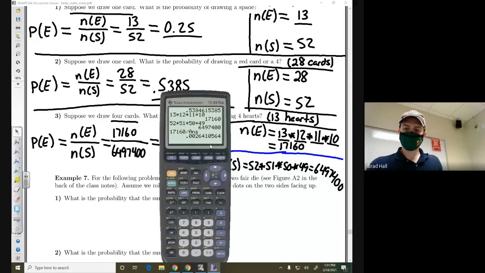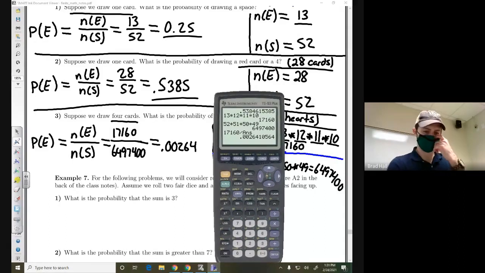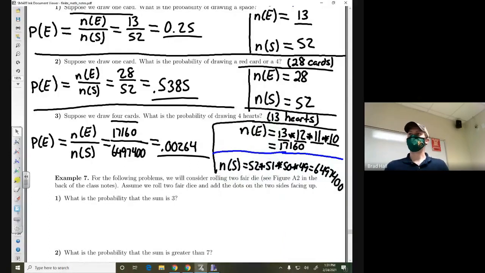And so we get 0.00264. That seems fine. So there is a 0.264% chance of drawing 4 hearts from a deck. That is 0.2%. So it's very unlikely.